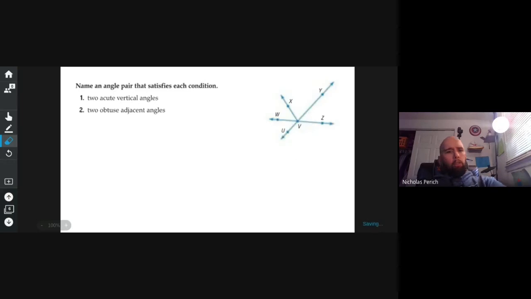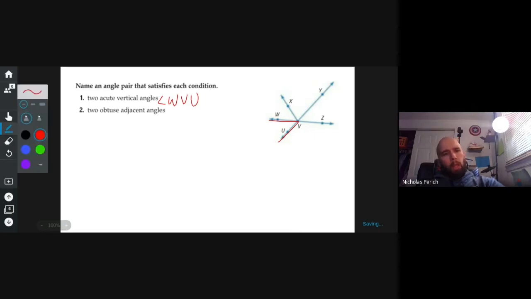What I need to do, though, is name two acute vertical angles. So I'll name the one angle WVU, West Virginia University. And you guys name the other one, please, and thank you. WVU and WVX.